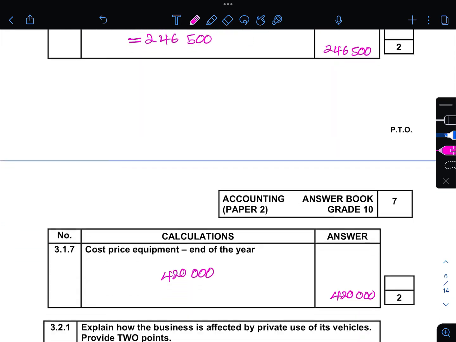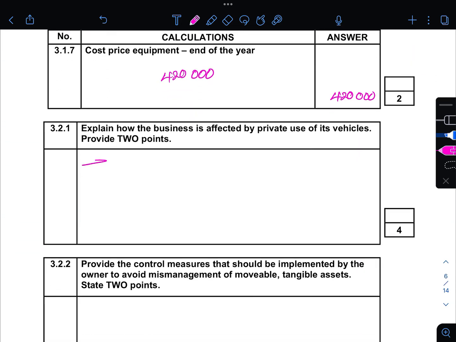So our conclusions here, we can say that fuel expenses will increase. Repairs expenses will also increase. Okay, I know they said 2, but I'm just going to give you guys some more answers.